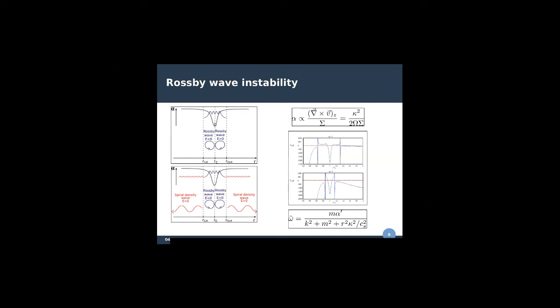And these two waves exchange energy, and one has a frequency that is lower than the local fluid frequency, the Doppler shifted frequency. So we say it has a negative energy compared to the flow, and the other one has a higher frequency, so it has positive energy compared to the flow. And the exchange of energy allows the growth of the instability.